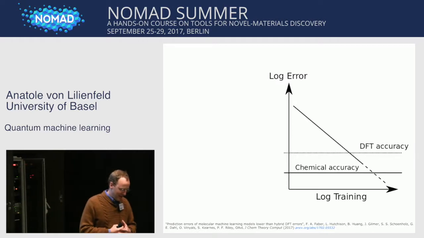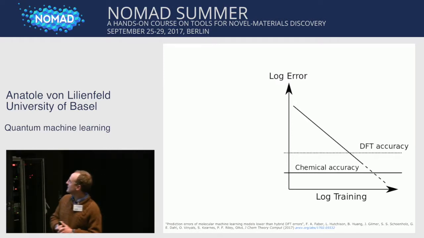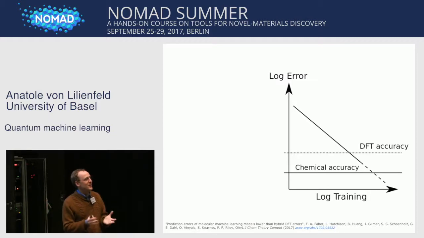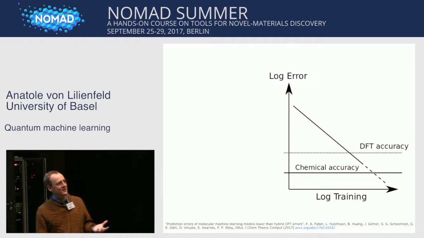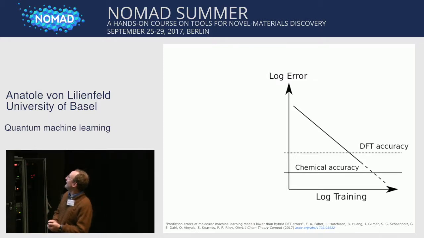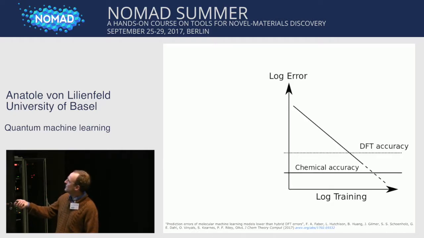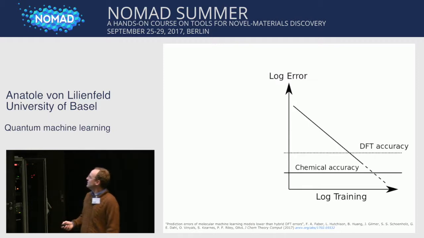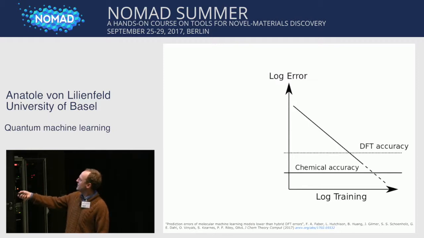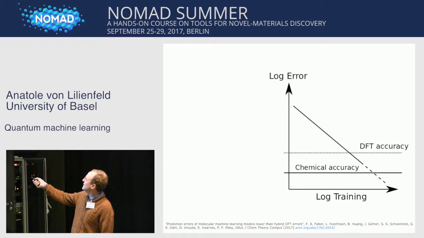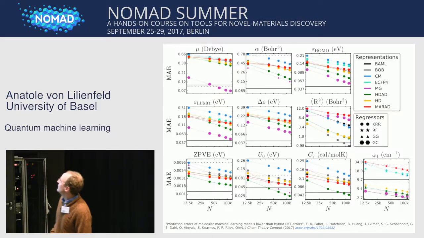I'd like to tell you now about some of our recent results. To start off, we spent a lot of time looking at the role of the representation. And what we found, and this was just accepted in JCTC, it should come out pretty soon, actually I think it's already online, is that the prediction error can be crunched down to such levels where you systematically surpass what we typically expect for density functional theory.